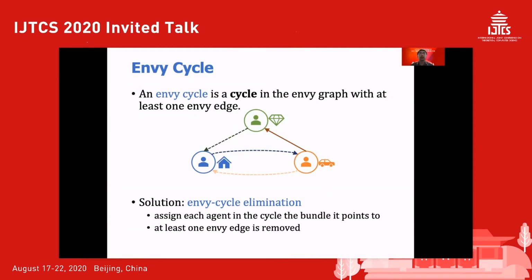So we can assign each agent in the cycle the bundle that it points to. After this reassignment, every agent gets a weakly better bundle for themselves, and at least one envy edge is removed. So we are not introducing any new envy, and we removed at least one envy edge. This is what we do when we have an envy cycle.